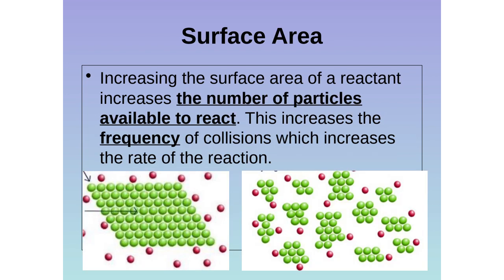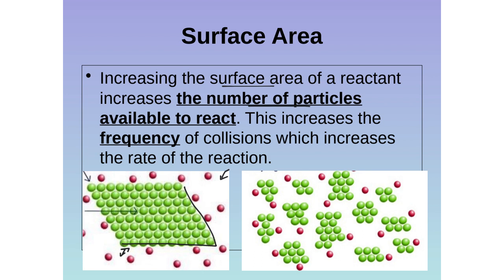Changing the surface area of a solid reactant, okay, this only applies to solids, this does not apply to liquids or gases, will increase the rate of reaction. The reason this happens is because if we increase the surface area, we now have more particles available to react. This is a good image right here where we see a solid lump of something. And we see that only the outside atoms, or outside molecules, can interact with your other reactant molecules.